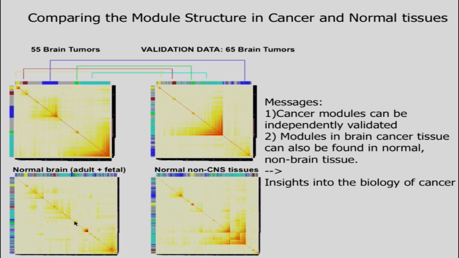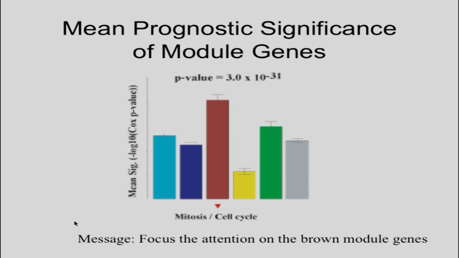And then for each gene, we needed to define a measure of gene significance. So how did we do it? We used a Cox regression model to relate each gene with cancer survival time. Then we got a p-value, and we took minus log of this p-value per gene to define a gene significance measure.